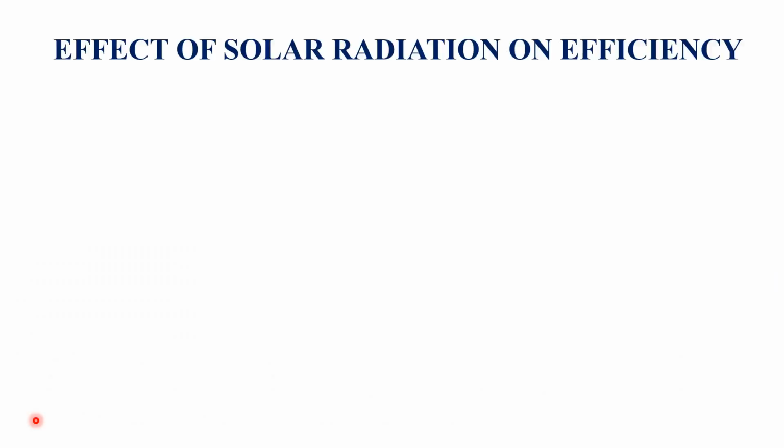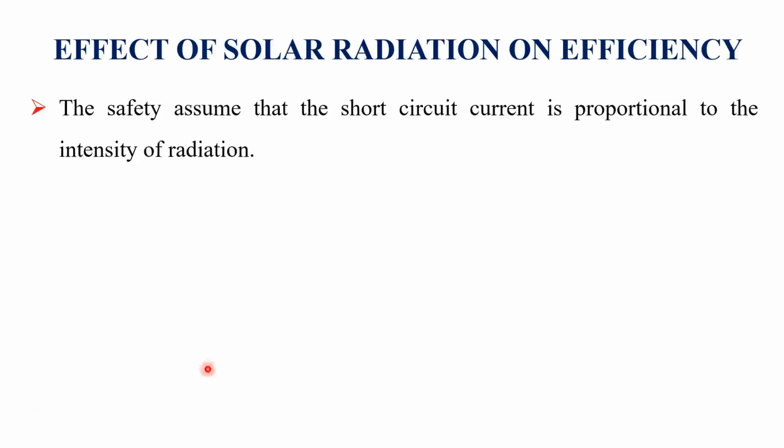Now, I discuss the second one, the effect of solar radiation on efficiency of solar cells. The assumption is that the short circuit current is proportional to the intensity of radiation.